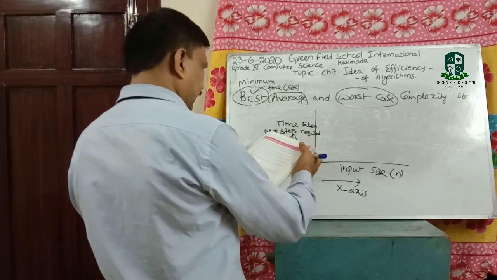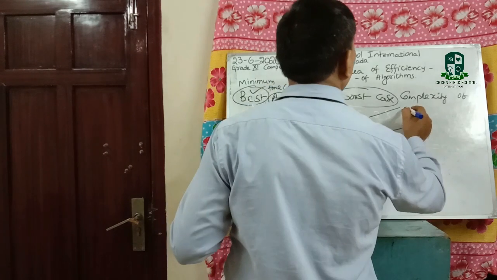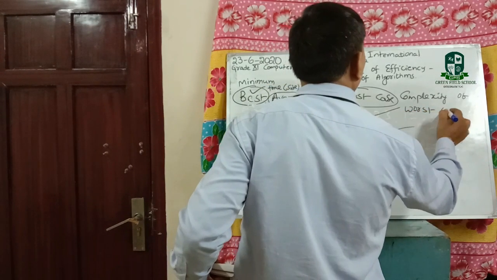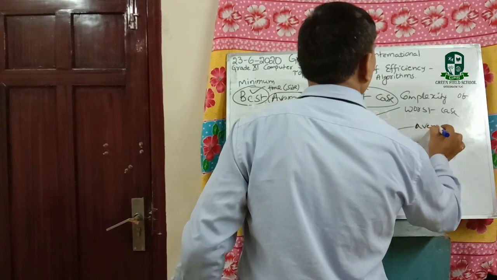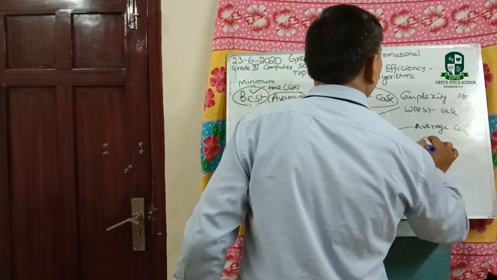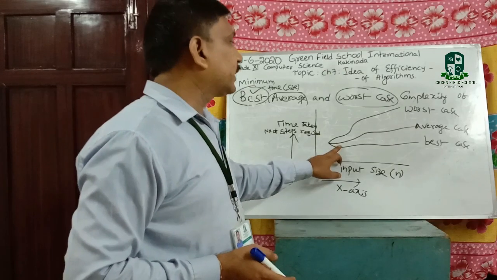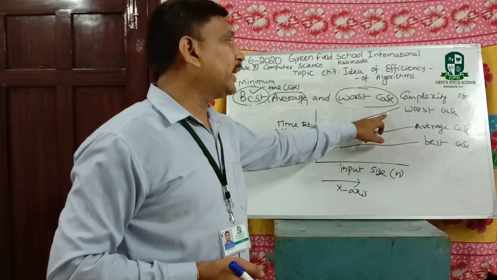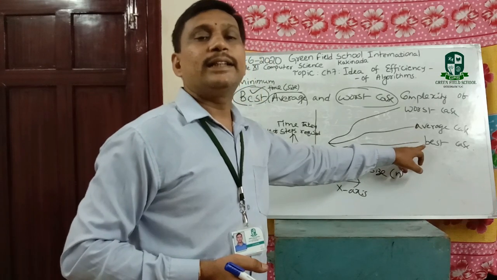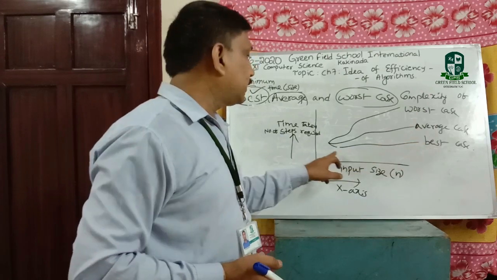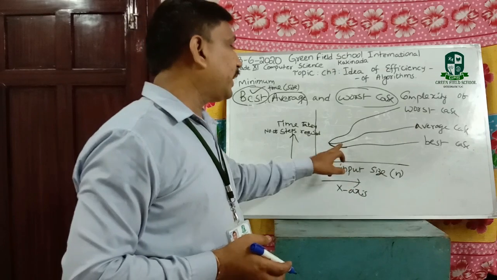In this graph, this one is the worst case complexity curve, this one is the average case, and this one is the best case. The best case always requires the minimum number of steps.